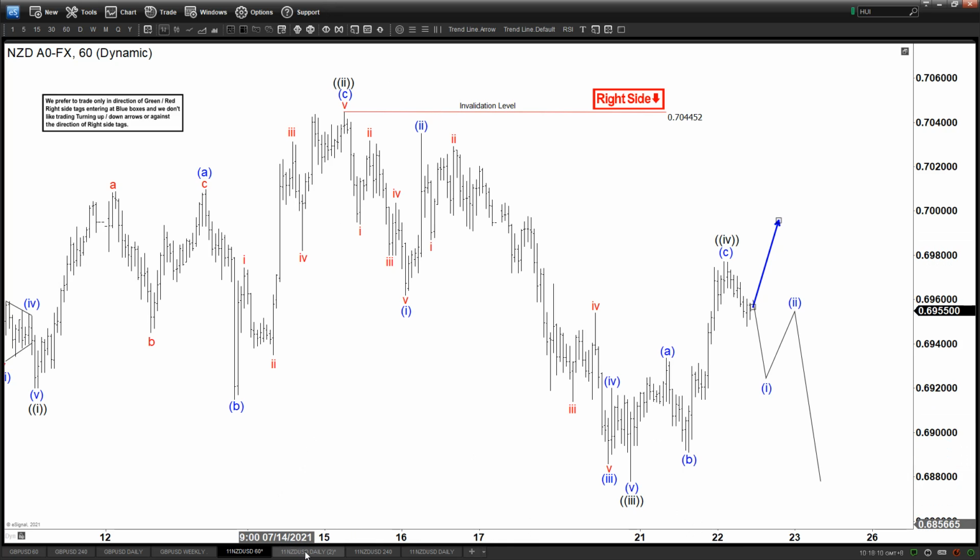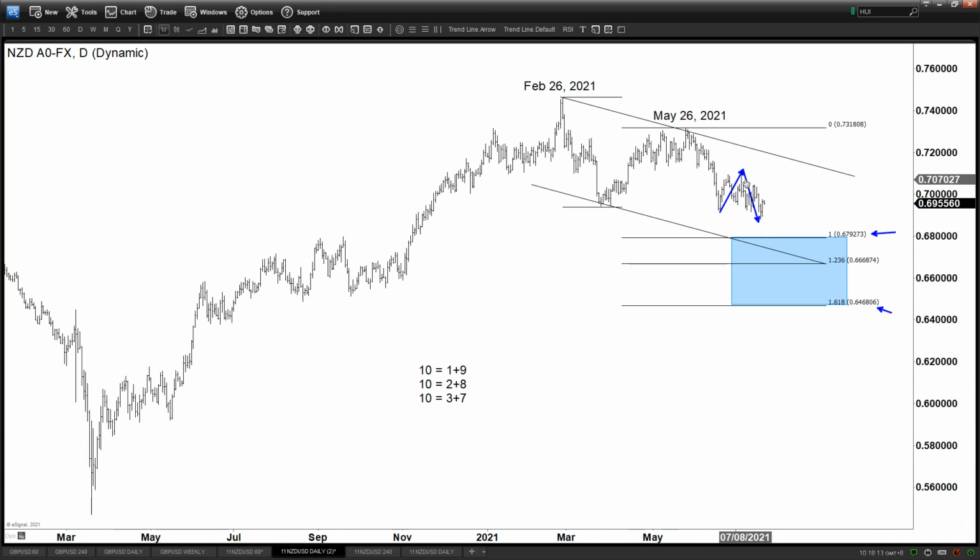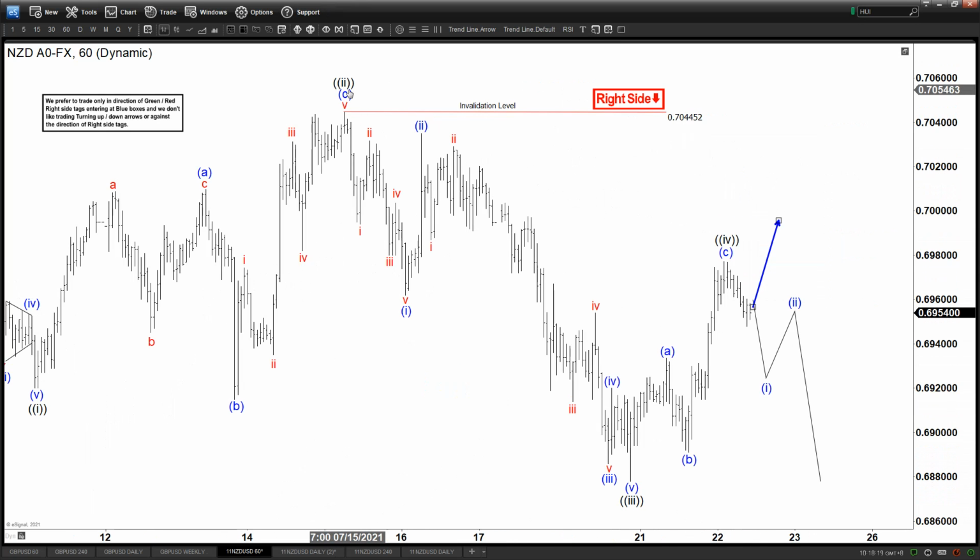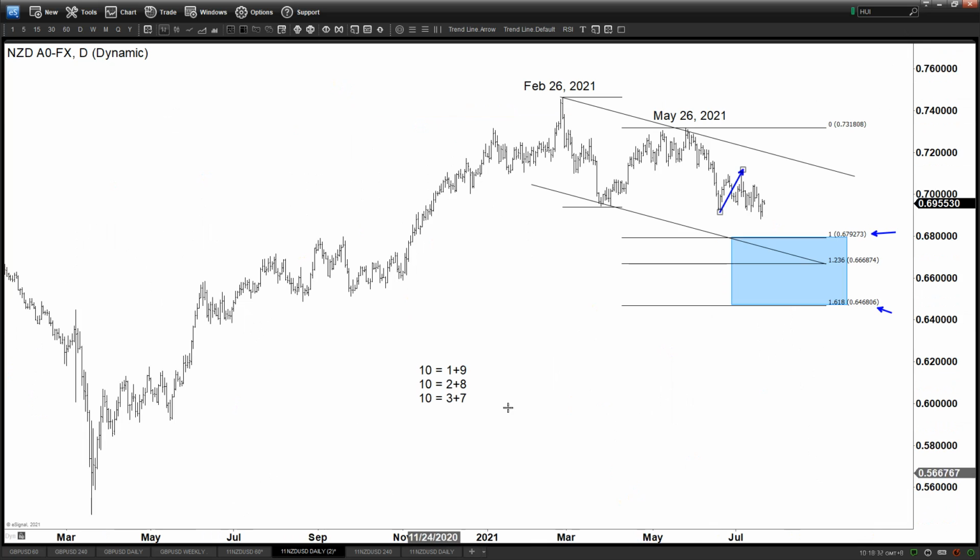Now, if it creates a 5 waves up, the question needs to be asked, so what is going on? That 5 waves up could be, like I said, if this is an expanded flat, this could be your B here, and then this could be your 1 of C. So this would be 1 2 3 4 5, ending 1 of C, and then 2 of C, and then go up and do a flat.